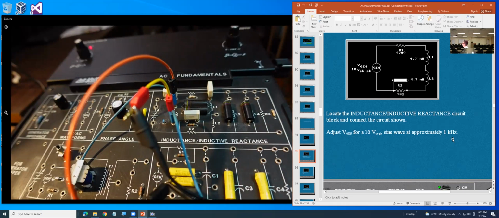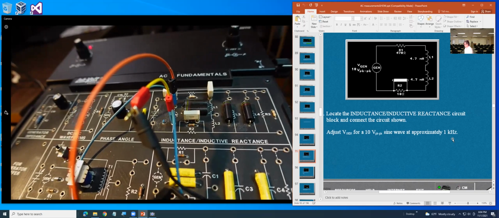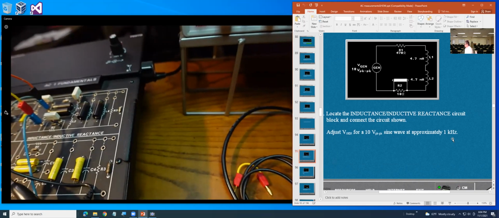Okay. And you want that to be 10 volt, 1 kilohertz. Now I go into the oscilloscope.